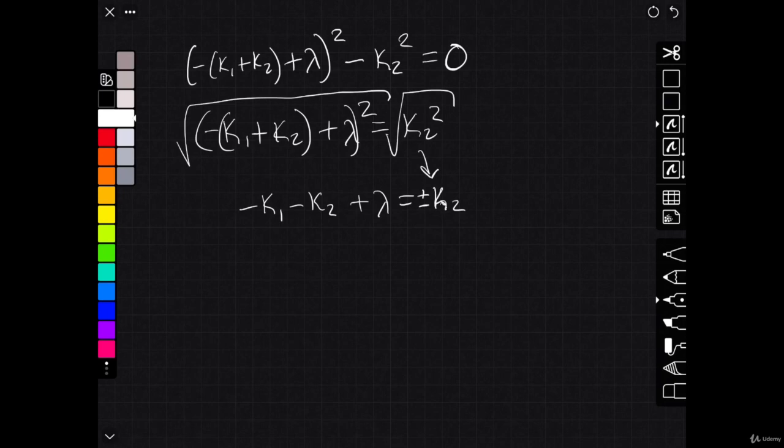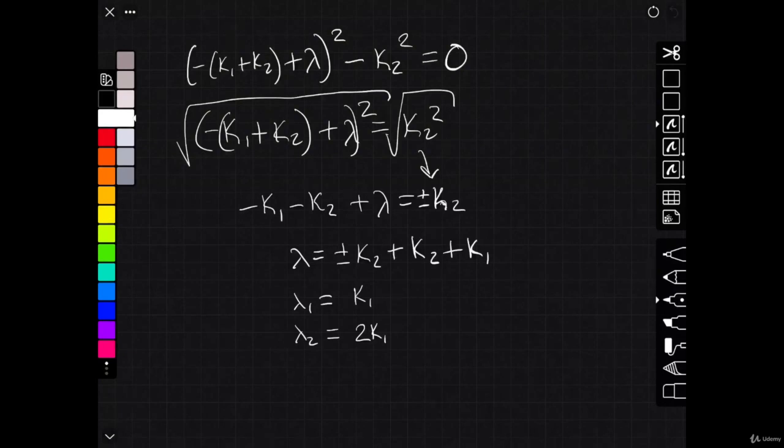So what are we left with? We have lambda equal to plus or minus k2 plus k2 plus k1. And so we have a lambda 1 and a lambda 2 corresponding to the plus and minus here. The first, lambda 1, is equal to k1, since the k2's cancel out. And lambda 2 is equal to the sum of the k2's, so we have 2k2 plus k1.